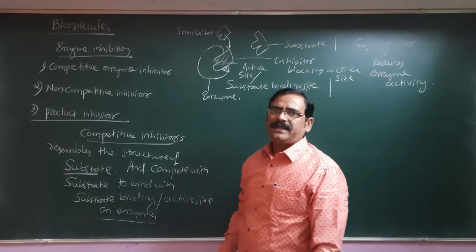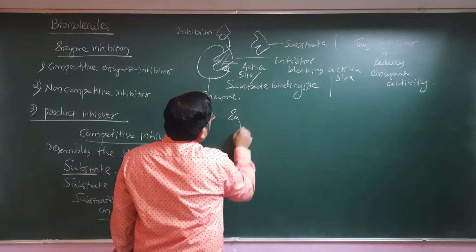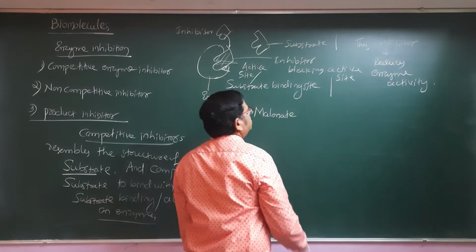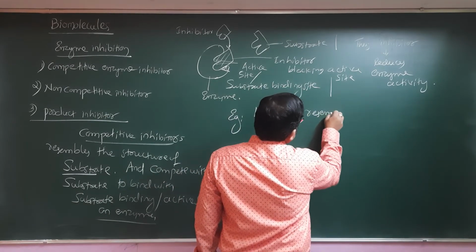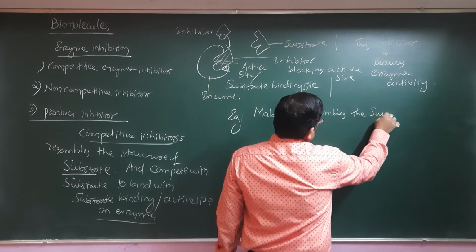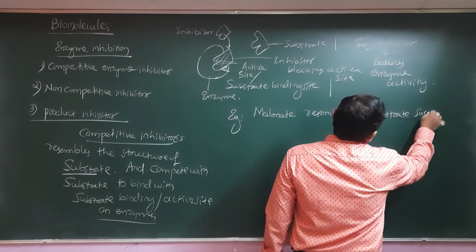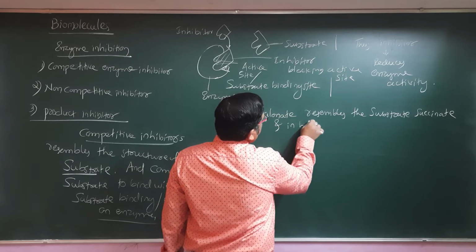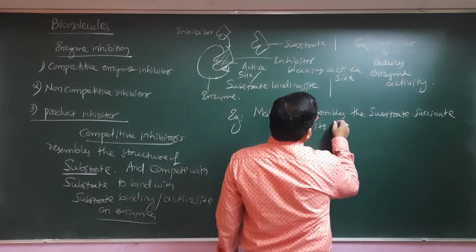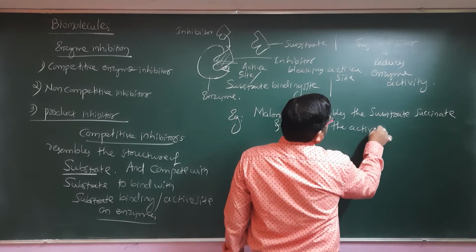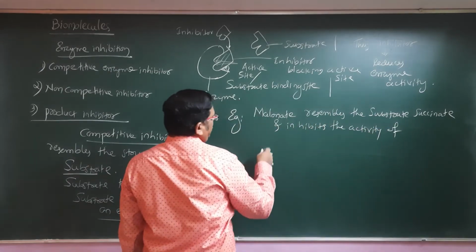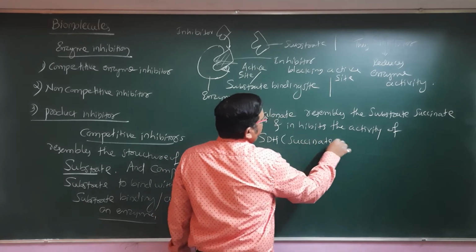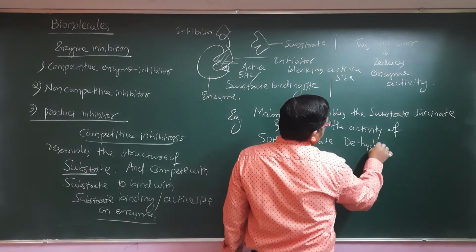Let me give you one simple example. Malonate resembles the substrate succinate and inhibits the activity of succinate dehydrogenase.